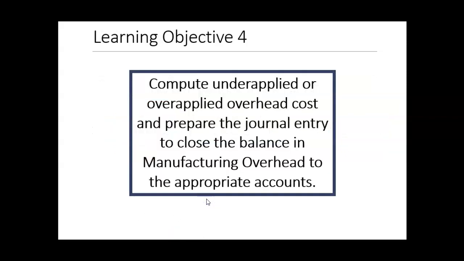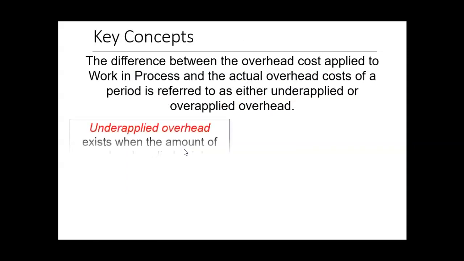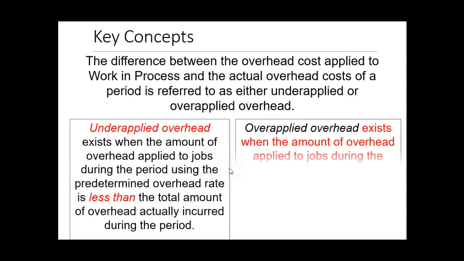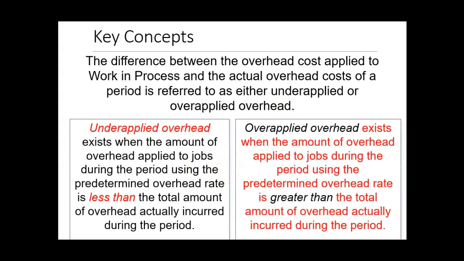Okay, last topic. We talked about the overhead that's going to be assigned compared to the actual overhead that was applied. So depending upon when you're applying overhead, overhead could be underapplied or it could be overapplied. We'll take a look at how you account for overapplied or underapplied overhead.